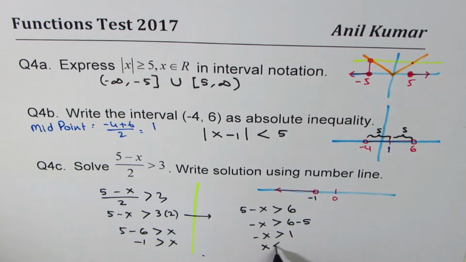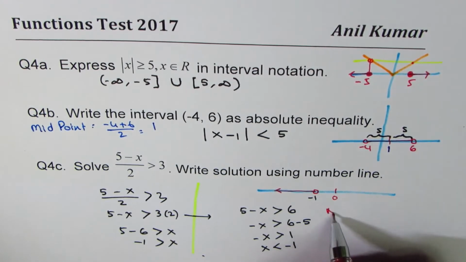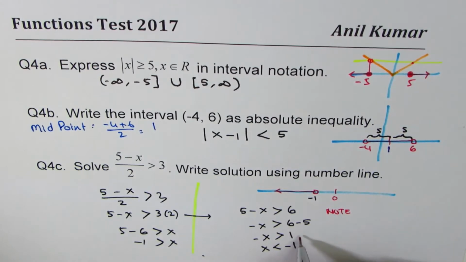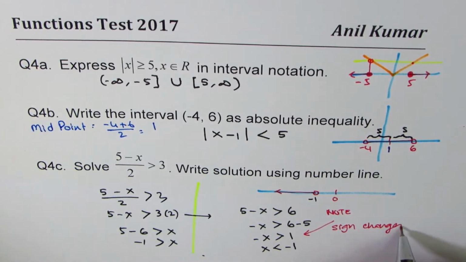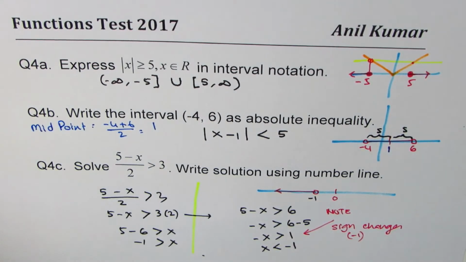So we get x is less than minus 1. Do you see that? So we get the same result, correct? So the idea here is to note that at this stage, when you multiply by negative, the sign changes. That is very important to understand, and at times you could make that mistake.